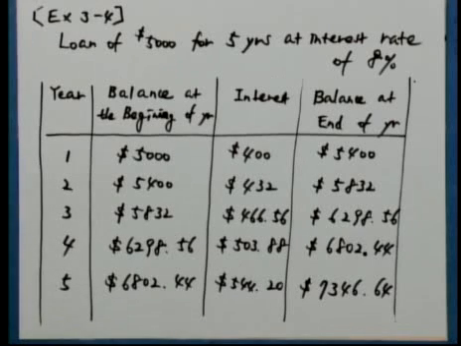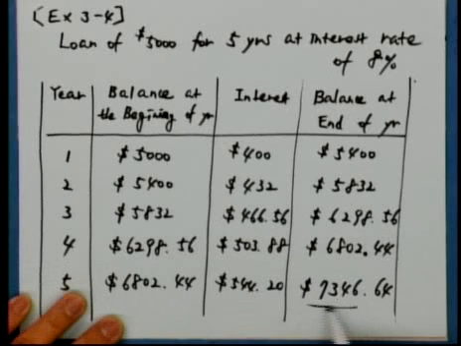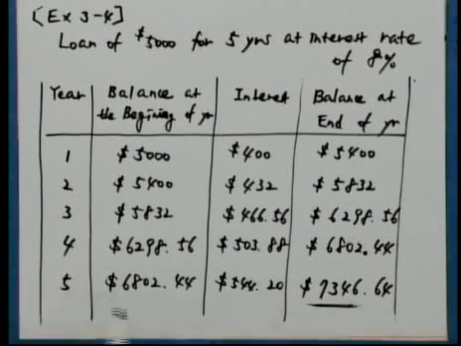So the total balance at the end of year 5 is $7,346, almost $47, right? And this amount is a lot larger than the one from the simple interest calculation.